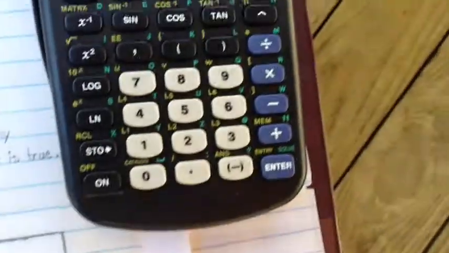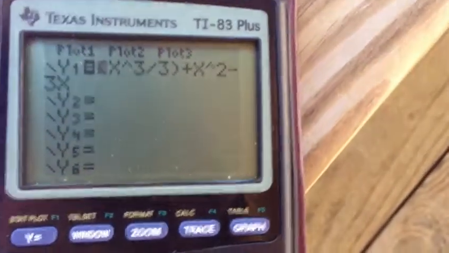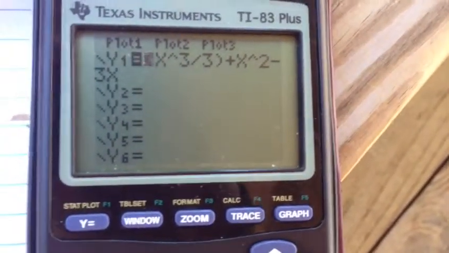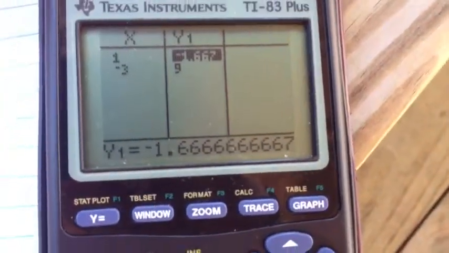Or when you can't figure it out in your head, use the calculator and just enter it in on the y, plot that right there, and then do second table, do those points, and you get that.